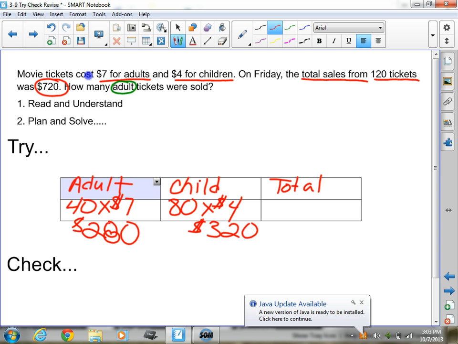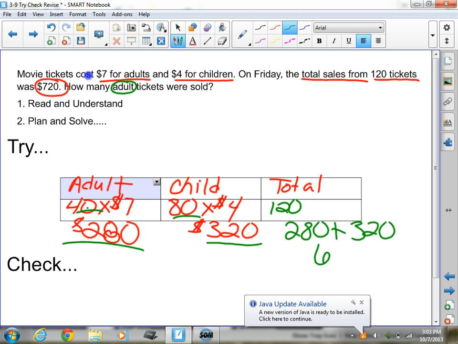So we know that because we have 40 plus 80, that's 120 tickets. So we have our 120 tickets. We need to know how much total money was brought in if we had 40 adult tickets, 80 child tickets. So we have the 280 for the adult, 320 for the child. 280 plus 320 is 600.